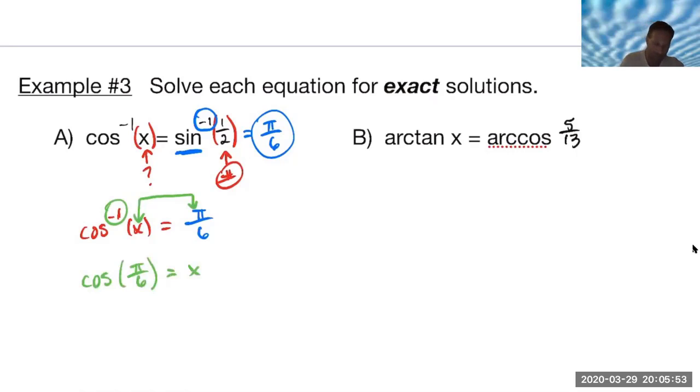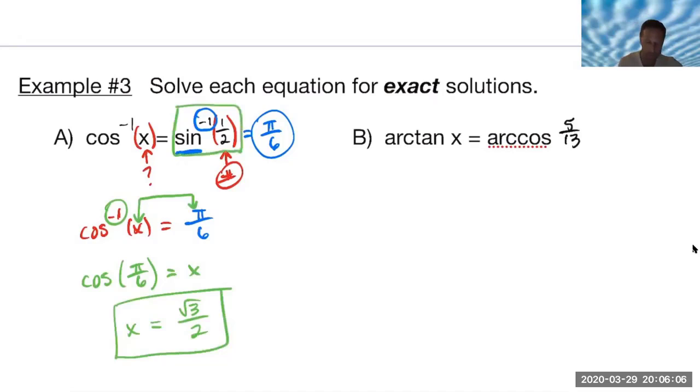And hopefully you know the cosine of 30, we just did it, is root 3 over 2. And so some are obviously easier than others. Because we knew this, the angle for sine that gives us 1/2 is pi over 6, we simply just replaced it and then solved for x by utilizing the inverse that's already there.